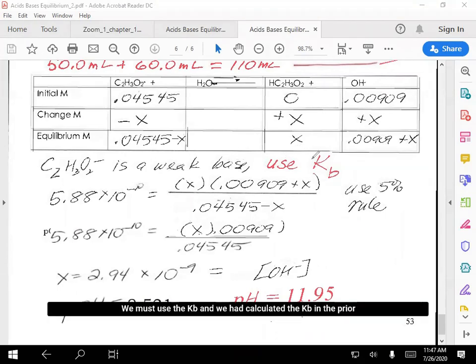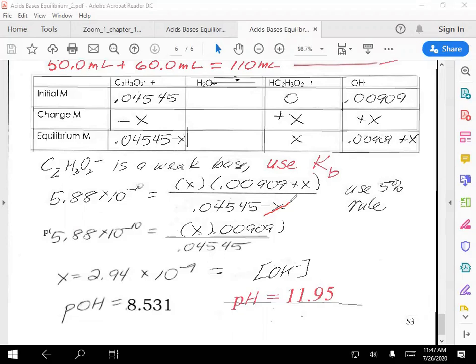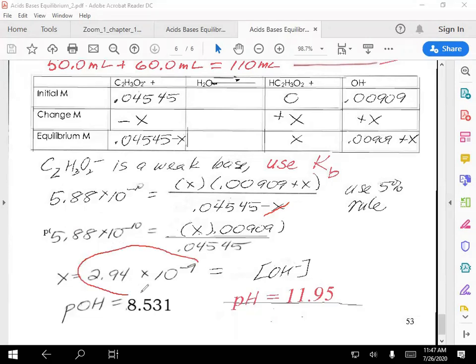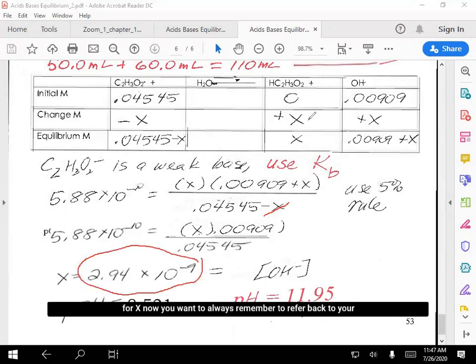We must use the Kb, and we had calculated the Kb in the prior question. We put the products on top, the reactant on the bottom. Assume this X is small and use the 5% rule. So when we do this and we solve for X, we get this value for X.